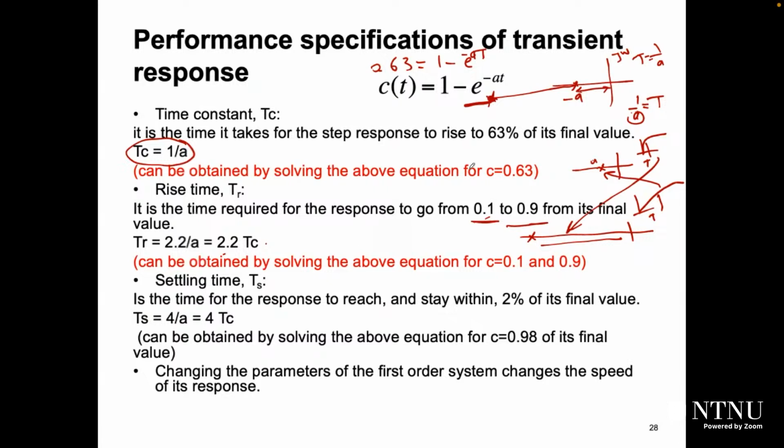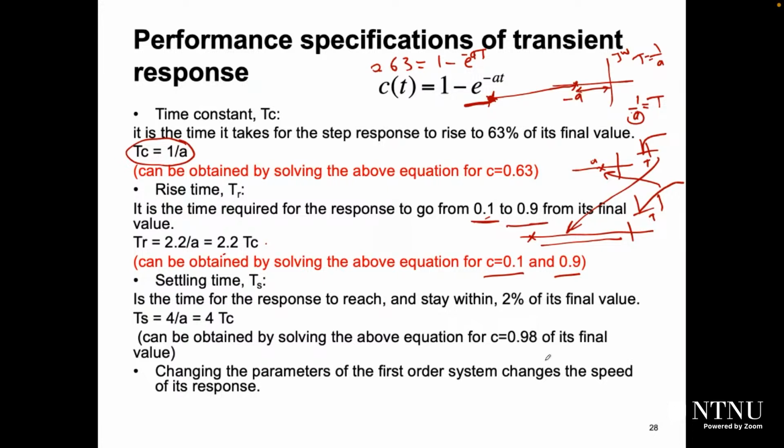It's the same way. So if you want to solve it here, you need to get two equations and solve them. You need to substitute for C equal 0.1 and C equal 0.9 and solve these equations. You will find that the rise time will be 2.2 time constants, or 2.2 divided by A. Settling time is the time for the response to reach and stay within 2% of its final value.